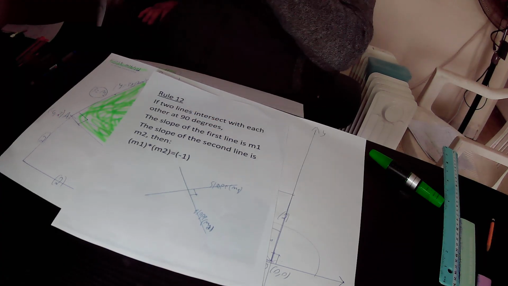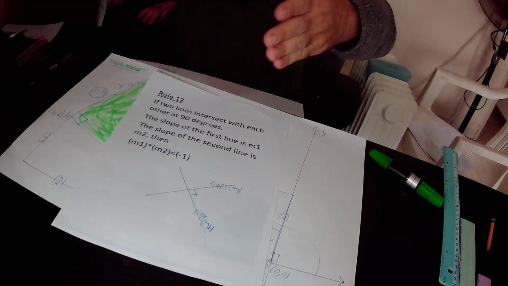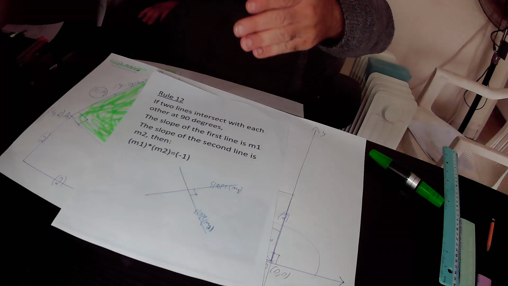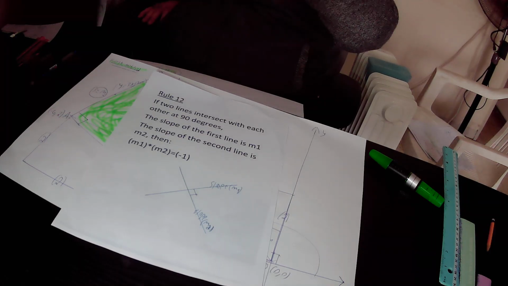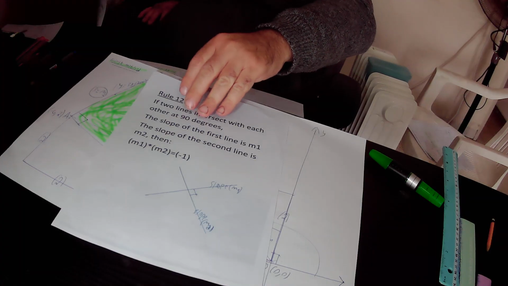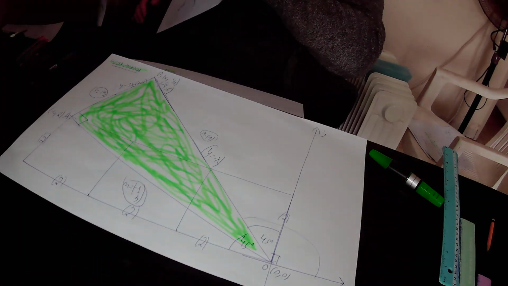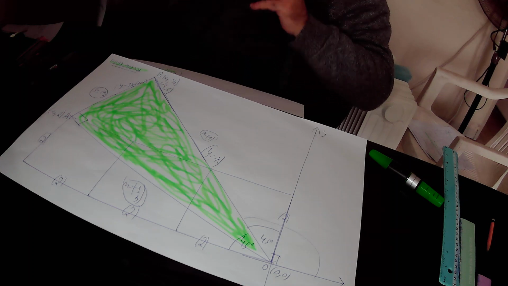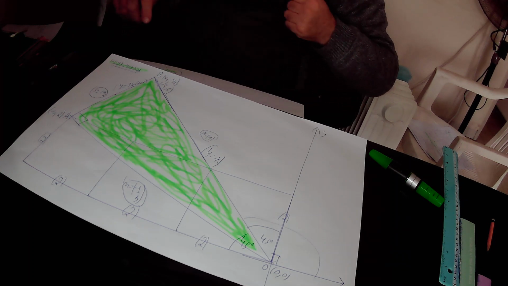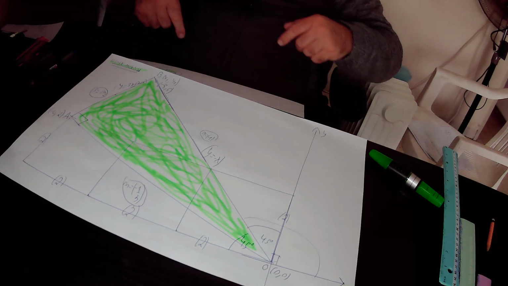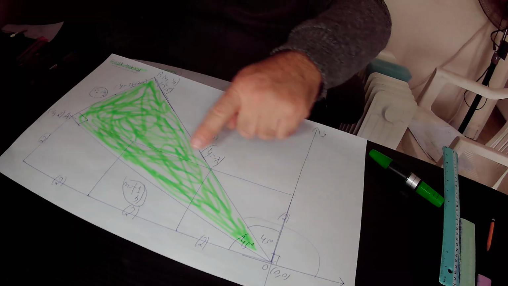So according to rule 12, if two straight lines intersect with each other at a right angle, then the product of their slopes equals negative 1. You can definitely implement rule 12 in our drawing. Why? Because in our drawing, the straight line AB intersects with the straight line AO at a right angle.